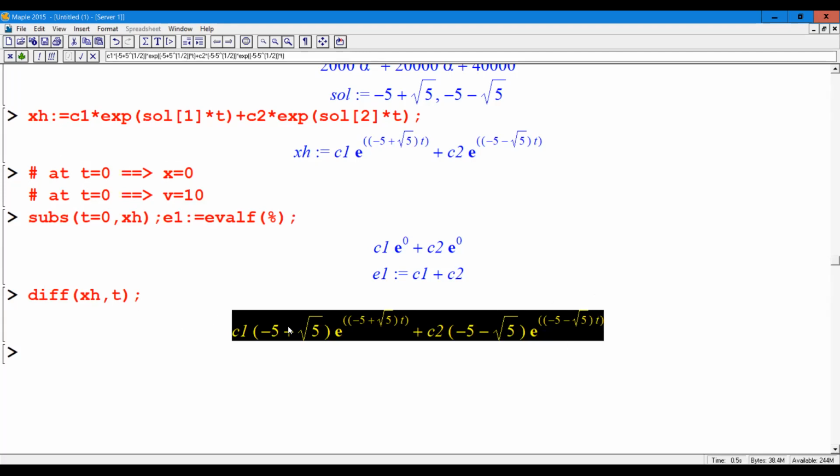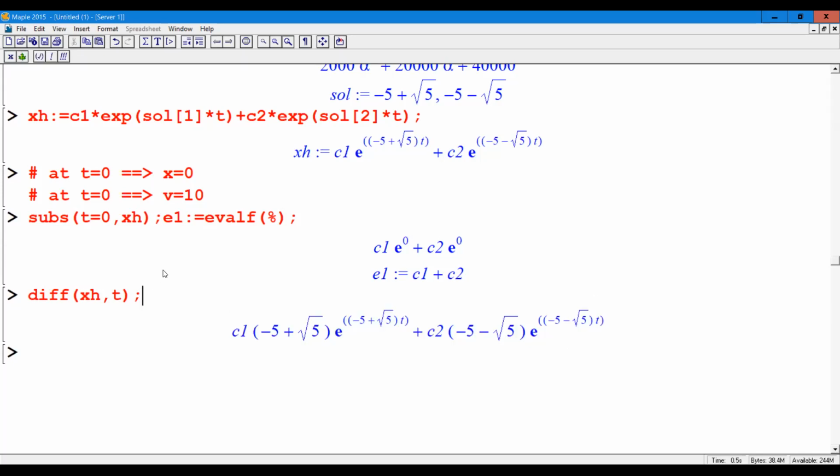So this is the x dot. Now we need to substitute t equal to 0. The percentage sign means the previous term, so it means we substitute t equal to 0 into this term, which is x dot.